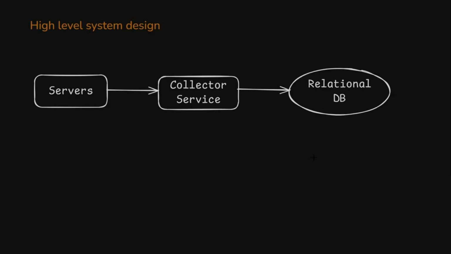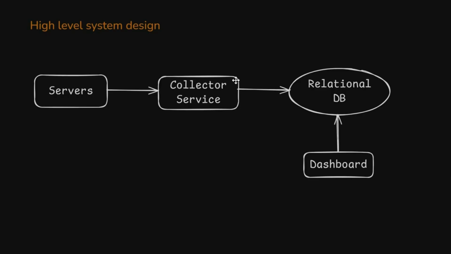So we will have the dashboard, which is a UI that can query this database. So if you see here, how do these servers emit these metrics and how can this service capture these metrics so that it can save into the database?